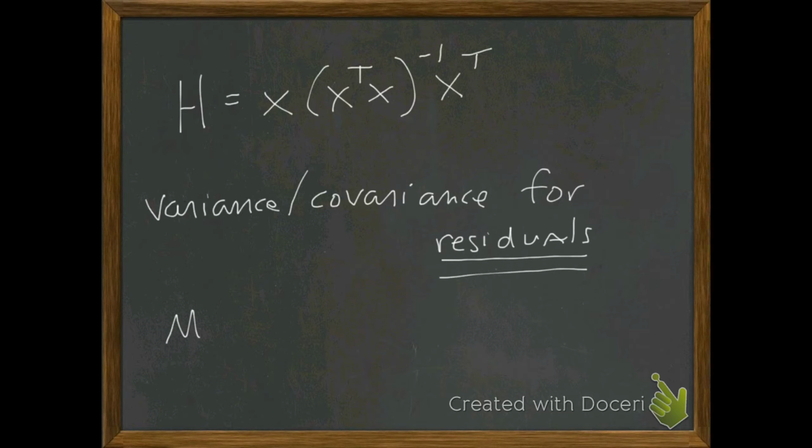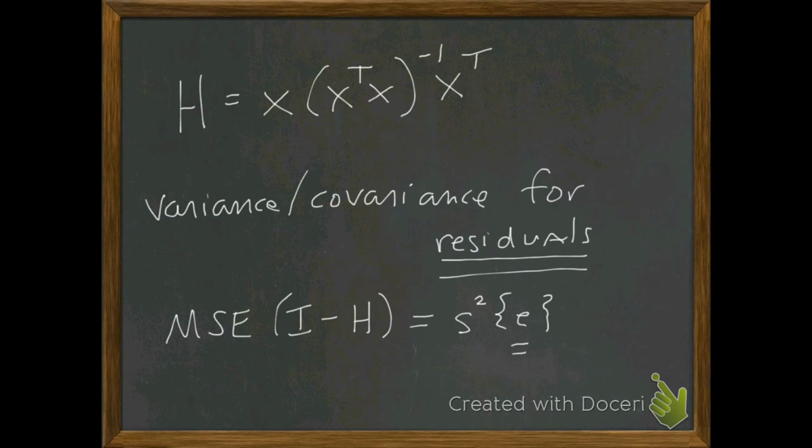It's going to look like the mean square error times I minus H. Yes, that's right. And again, this is the variance covariance for our residuals. Now, again, don't confuse this with the beta matrix.